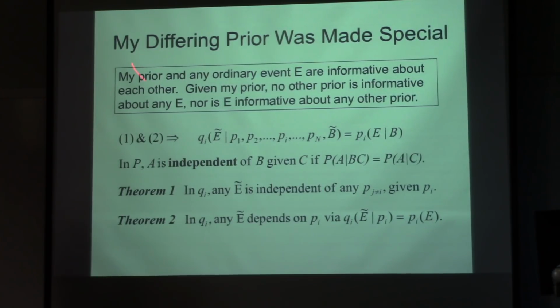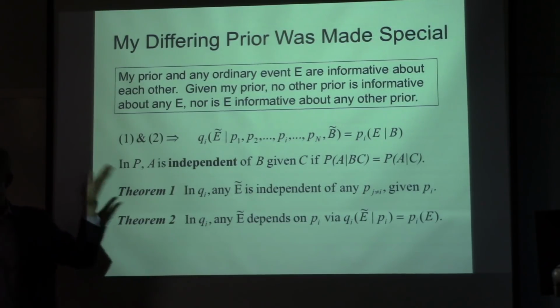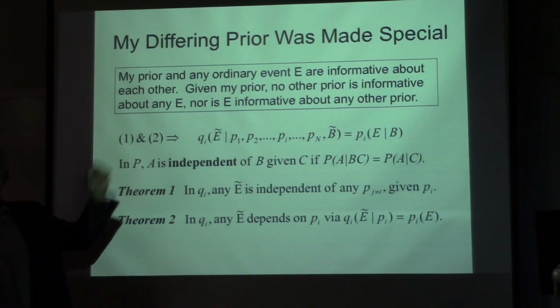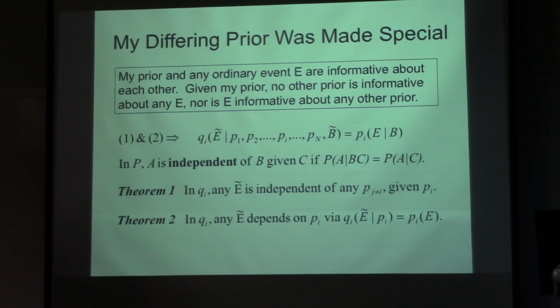So my prior and any event E are informative about each other, but given my prior, no other prior is informative about any other event E, nor is E informative about any other prior. The information structure has my prior screening off all the other priors to any event. Events are informative about my prior, my prior is informative about events, and other people's priors are uninformative about anything except via my prior. That's special. That makes me special in this structure.